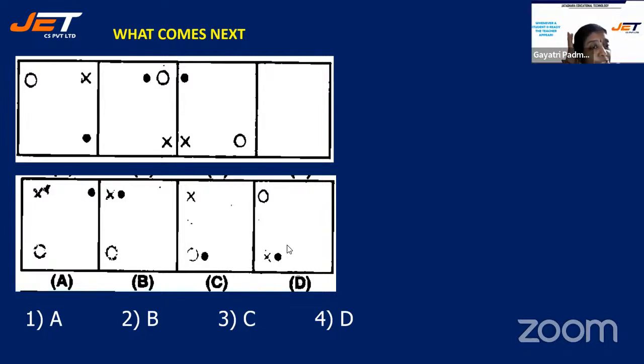In the next question, you have a circle. Then opposite to the circle, you have this dark highlighted small circle. And in the next one, what happens? The figure is being moved anti-clockwise.